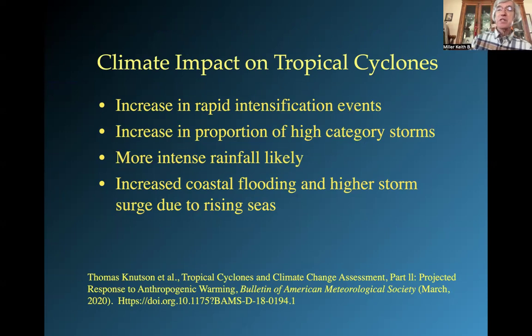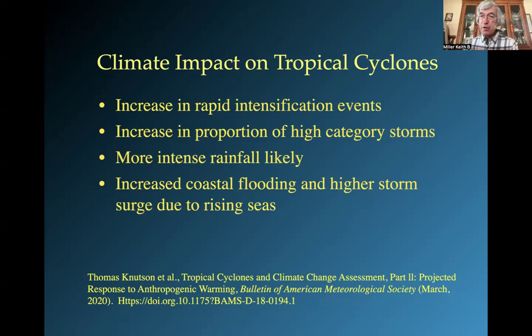In other words, there are other conditions that are required to get a storm going, and that doesn't seem, at least now, to be affected by current climate change. But since the oceans are so much warmer, when they do get going, they have a lot more energy and they tend to spin up much faster. So there's an increase in the proportion of high category storms.